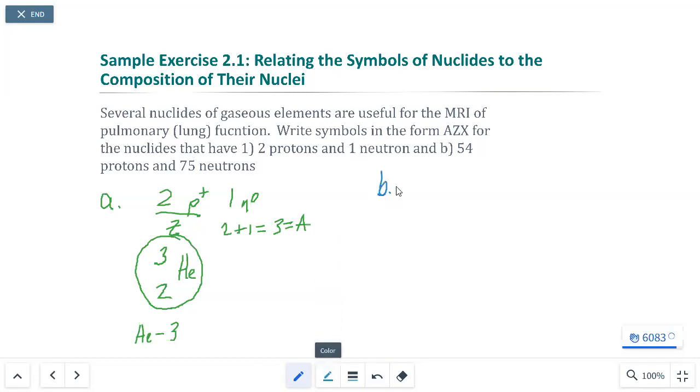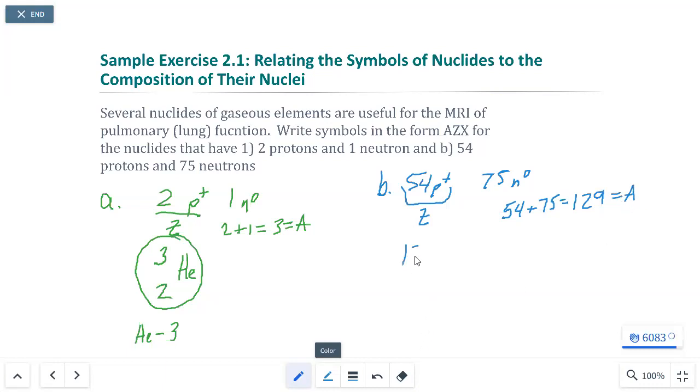For letter B, here I have 54 protons and 75 neutrons. 54 protons, we know that is the atomic number, so that's Z. 54 plus 75 would give me 129 as my mass number.